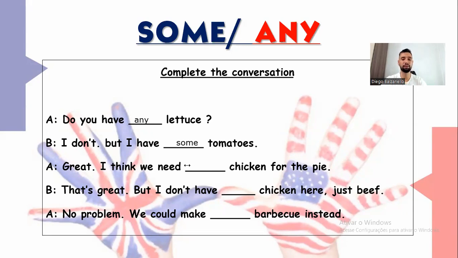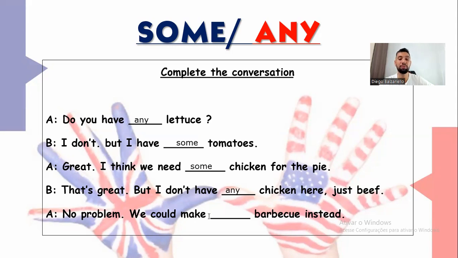If you use some, you are all right. Why? Affirmative. Some affirmative. That's great, but I don't have any chicken here. Just beef. Why any? Because it's negative.